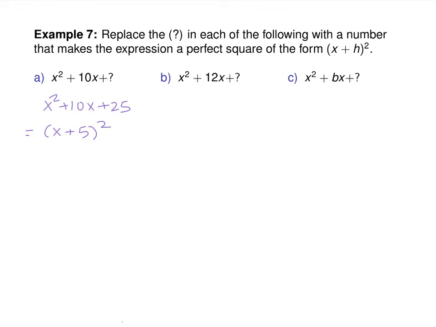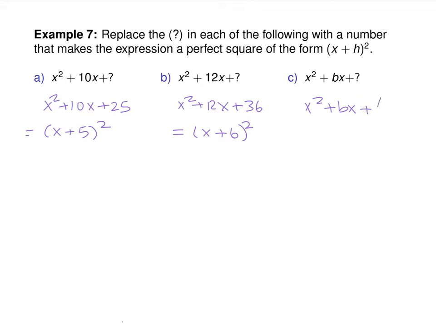All right, how about this next one? X squared plus 12x plus 36, great. And that would factor into x plus 6 squared. How about a kind of abstract one? X squared plus bx.